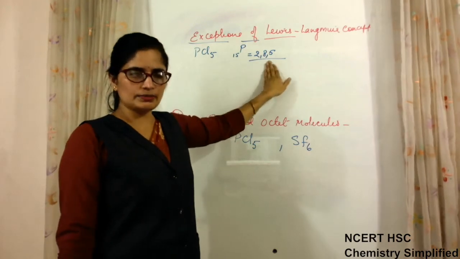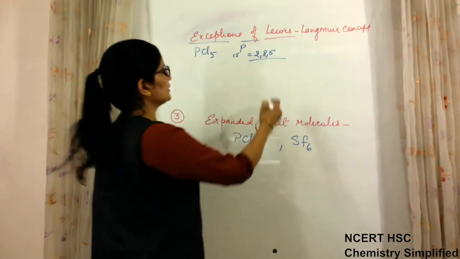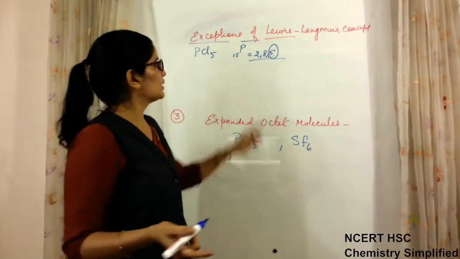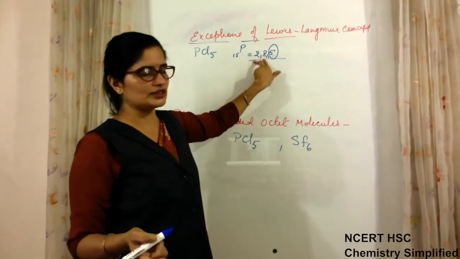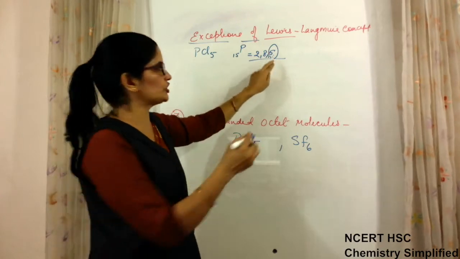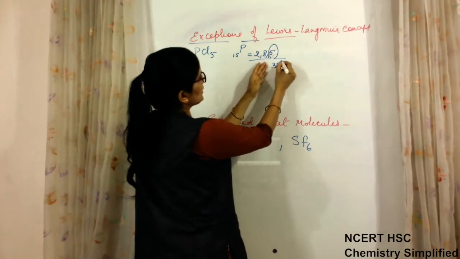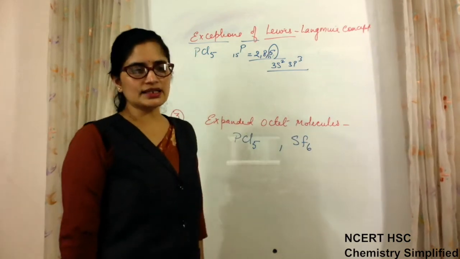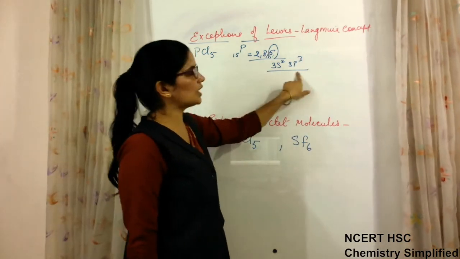By distributing like this, I can easily identify that these electrons should go in third shell. So I can easily write 3s2, 3p3.